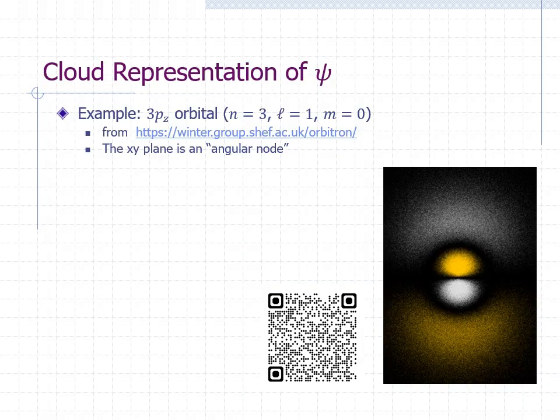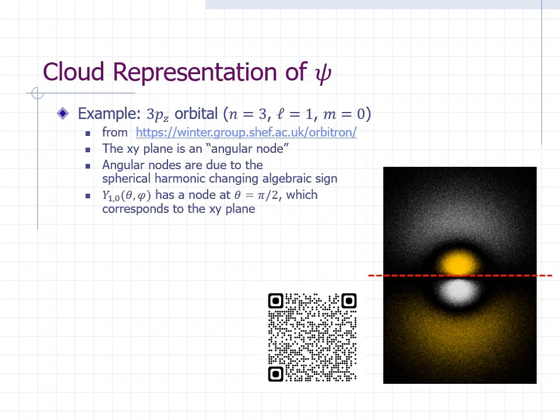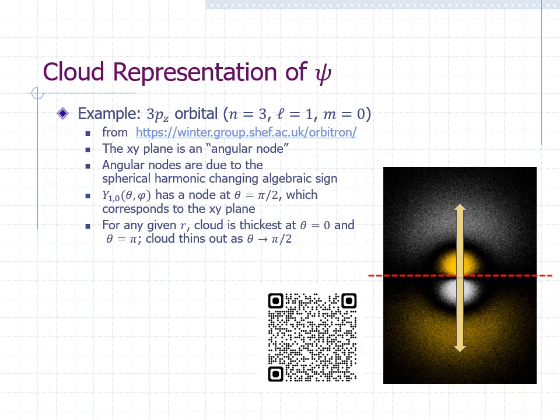Angular nodes are due to the spherical harmonic changing algebraic sign at a given value of theta or phi. For a pz orbital with quantum numbers L and m equal to 1 and 0, a node occurs at theta equals pi over 2. If you examine the figure shown here for a 3pz orbital, you can see that the cloud is thickest in the positive and negative z-axis directions.